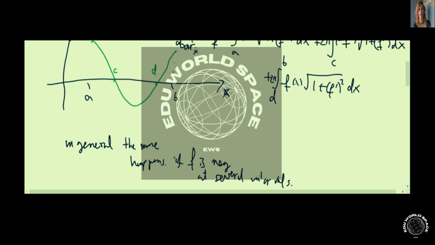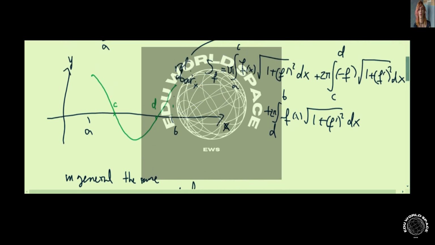As you can see, what we are integrating here is the absolute value of f of x, and since f is positive on that segment, this is also equal to the absolute value of f of x, and this is also equal to the absolute value of f of x, because along this segment f is positive, along that segment it is positive, and along that segment f is negative.